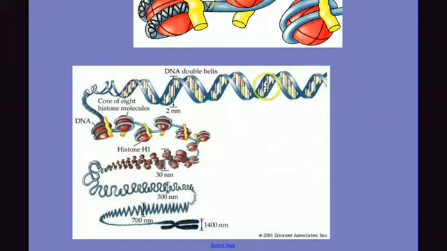On the very small scale, 2 nanometers across, is our DNA molecule, and we can see that it's coiled up and wrapped around these spools of proteins, histones, which are then wrapped around each other, and it's tightly wound until we get to our chromosomes. So we can imagine the massive amount of genetic code of DNA that's composed in one of these chromosomes.